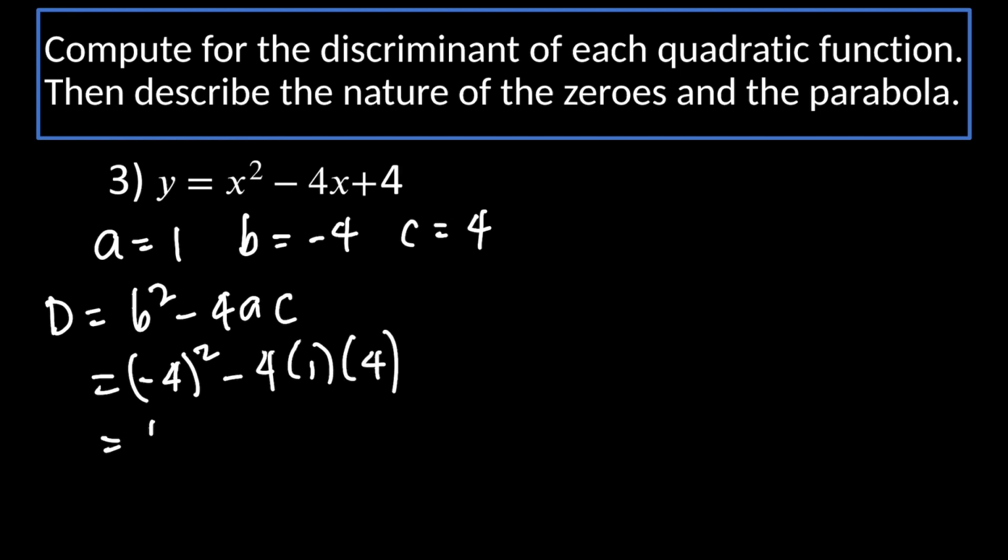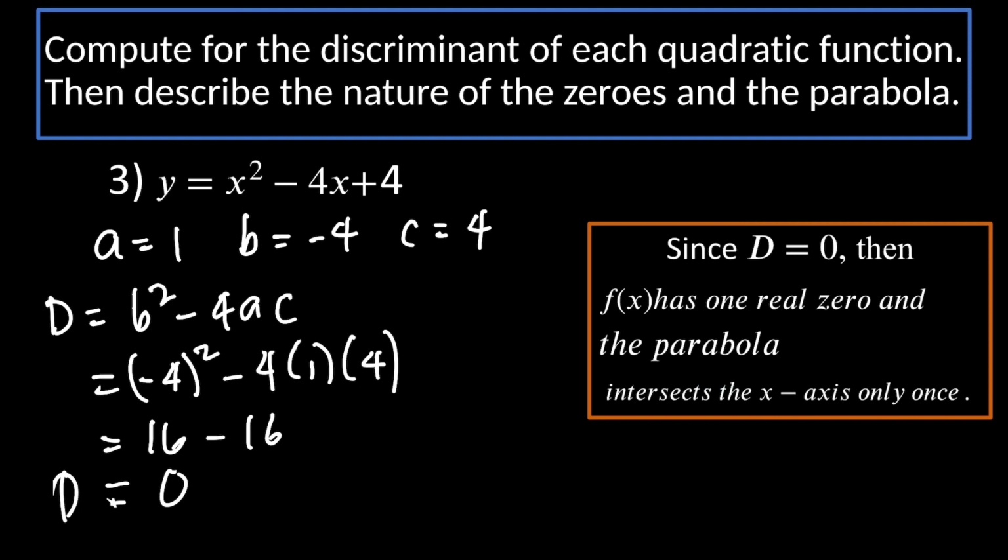We know that 4 squared is 16, minus 4 times 1 is 4, times 4 is 16, and this will give us 0. So the value of D here is equal to 0, and since D is equal to 0, the quadratic function has one real zero and the parabola intersects the x-axis only once.